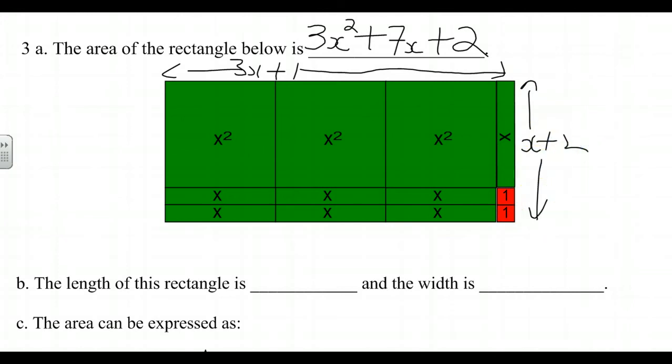So the length of the rectangle is 3x plus 1, and the width is x plus 2.